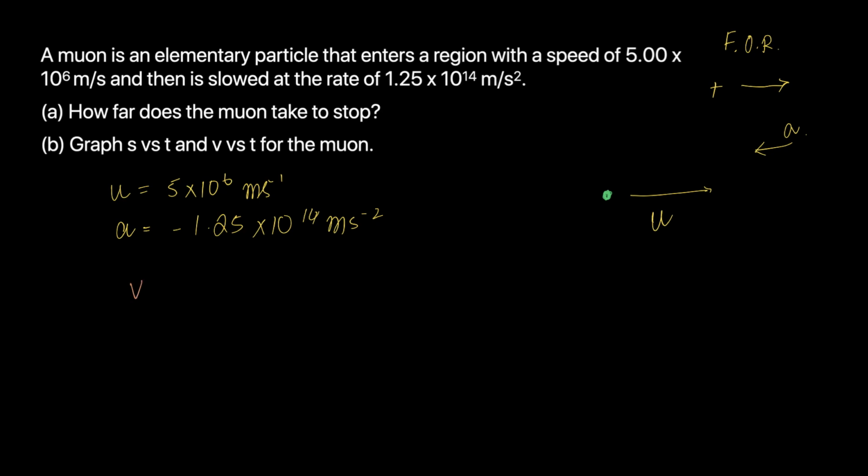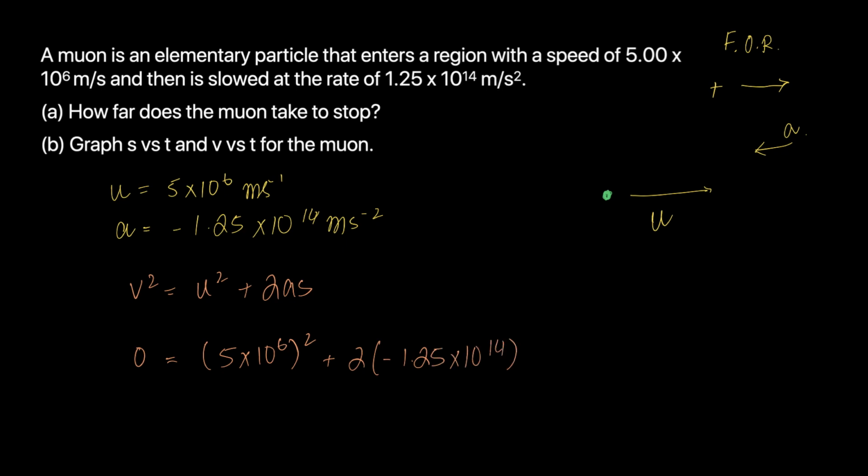It's going to be v squared equals u squared plus 2as. We want to figure out how far it travels before it stops, so the final velocity is 0. u squared is 5 times 10 to the 6 squared, plus 2 times minus 1.25 times 10 to the power 14.